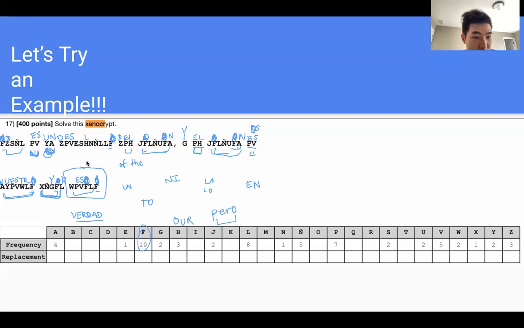I'm pretty sure I haven't filled in everything yet. Also, I'm pretty sure that this word that's repeated is exactly a cognate. Yeah, that's sad. The L messed everything up. Oh, wait, no. This is not a cognate.